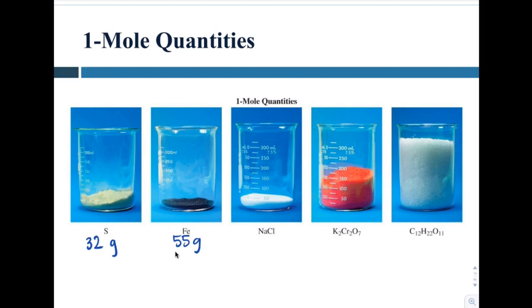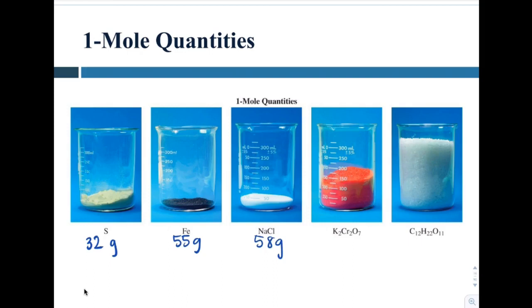But every substance has a different mass, because every substance has a different size, has a different number of protons and neutrons. You know that the protons and the neutrons, they are what give us that AMU number, and so they're what give us also that gram per mole number. So here you have sodium chloride, that's 58 grams is 1 mole.